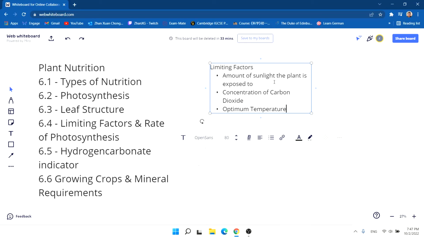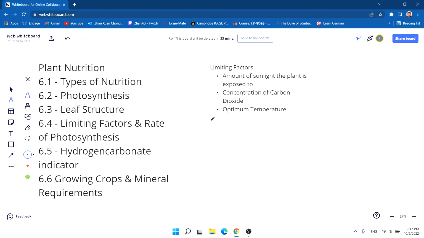So I'm going to draw the graph again, which is something like this. Sorry about the drawing also. Light intensity will be LI, and then rate of photosynthesis, ROP.